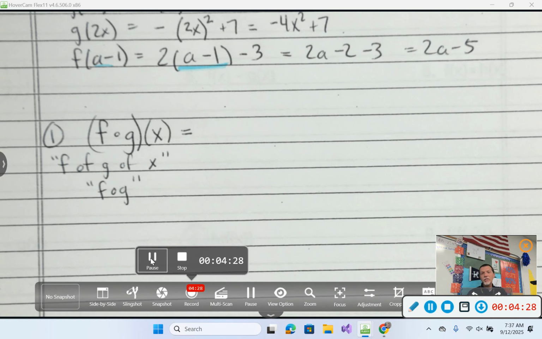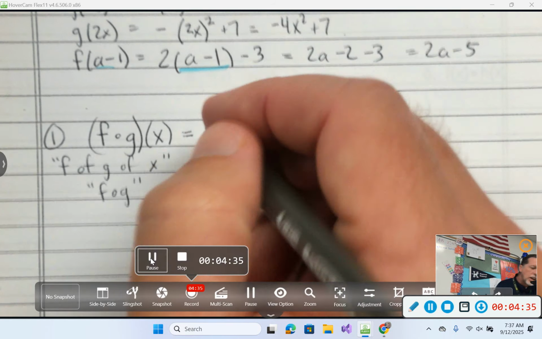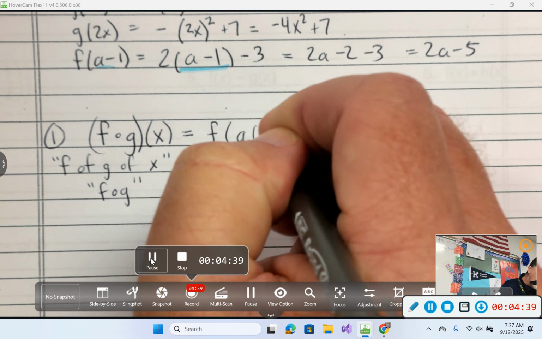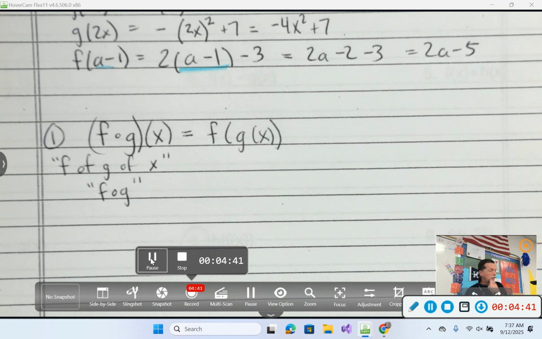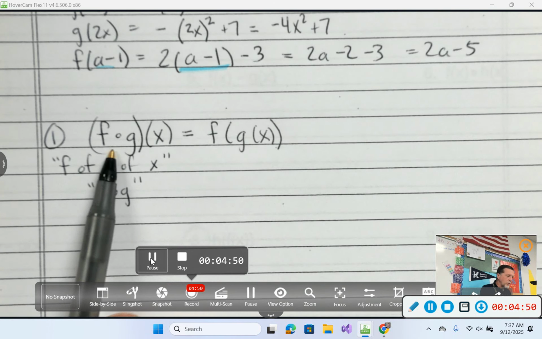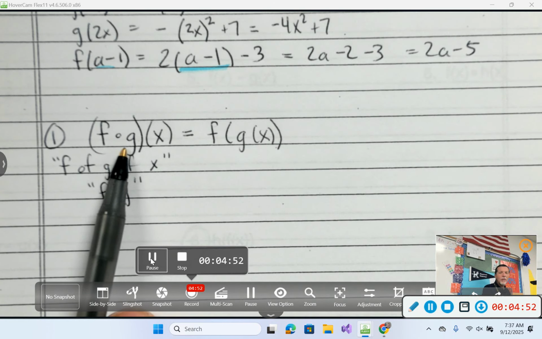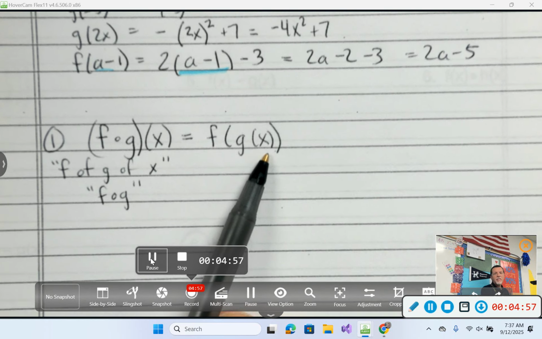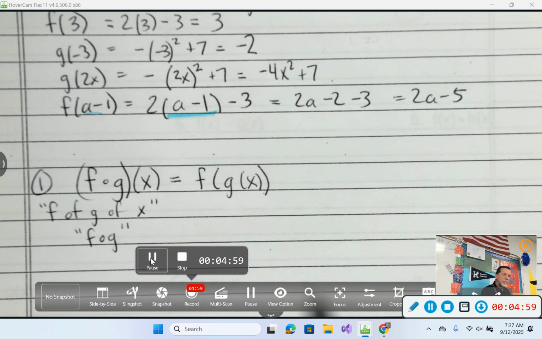It does not. That's a great question, because f dot g would be f times g. That'd be multiplication. f of g, here's a better way to write it that makes it easier to see what's going on: f of g of x. I don't like it when it's written as the fog way. I will almost always change it to f of g of x, because that makes it easier for me to work with.